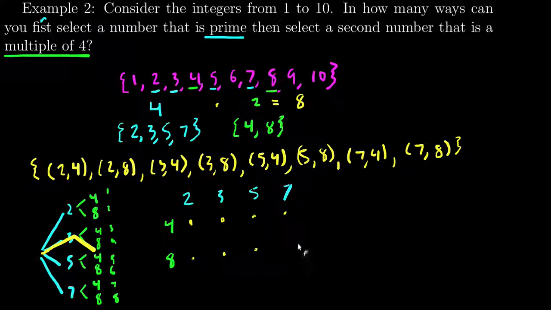We picked a 2 and then a 4, 2 and then an 8. This means like 5 and then 8. And again, the same idea. I have this sort of area that is 4 by 2, and the area is going to be 4 times 2. So you can see with this, we end up with either branching trees or areas, which would lead us to that final 4 times 2 equals 8.